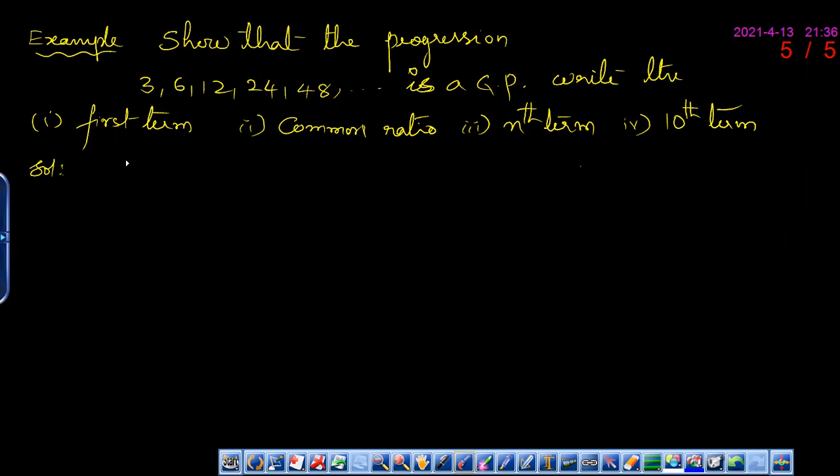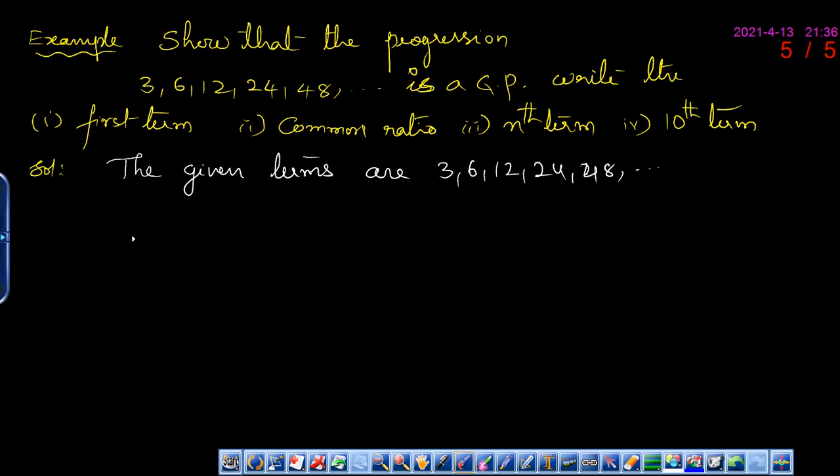So the given terms are 3, 6, 12, 24, 48, and so on. We find the common ratio R: 6 upon 3, 12 upon 6, 24 upon 12 and 48 upon 24, which gives 2, a constant.